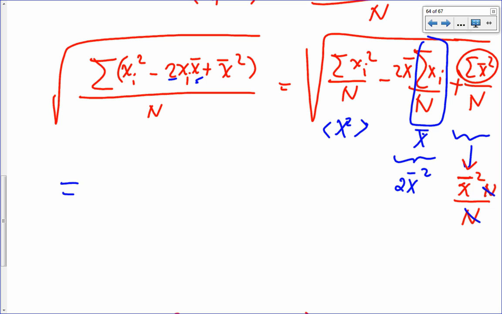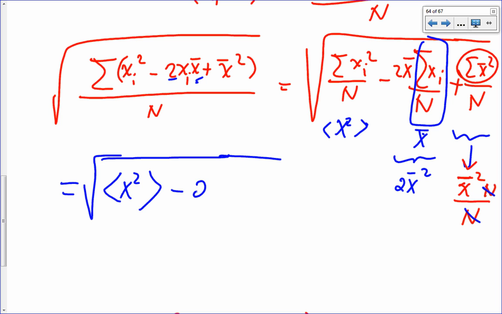That's just going to be equal to the square root of the average of x squared minus 2 times the average of x times the average of x. So that's really just what? To make our notation consistent, let's just call that 2 times the average of x squared. Okay?